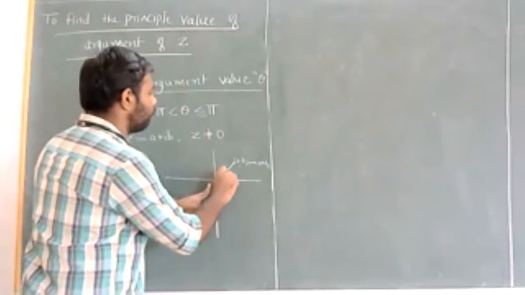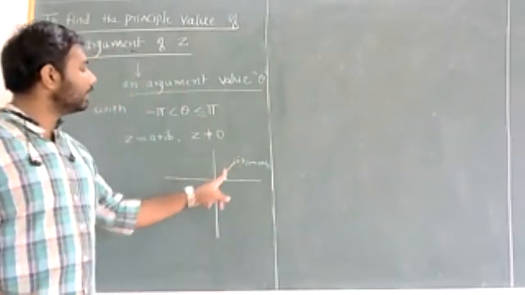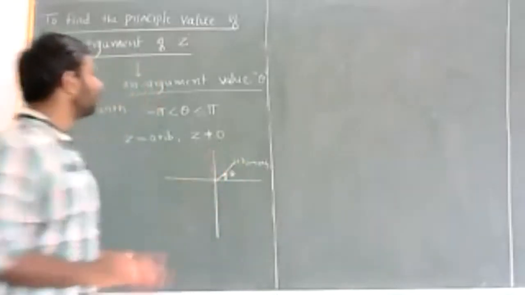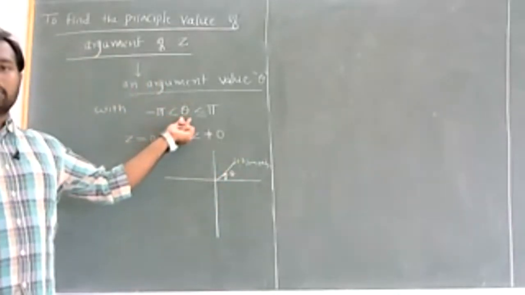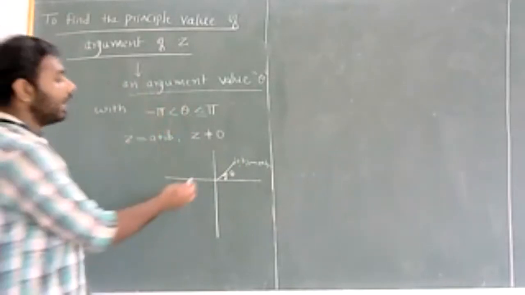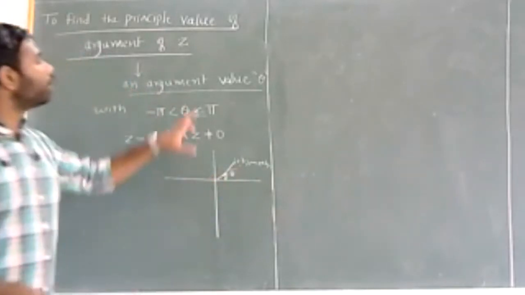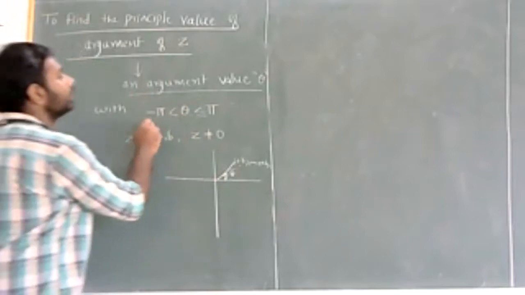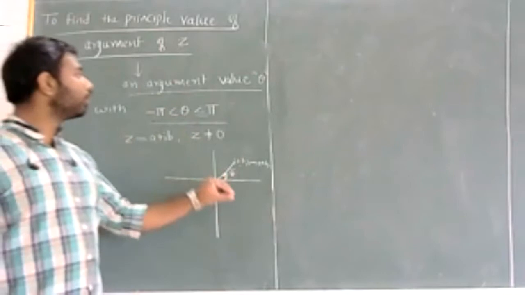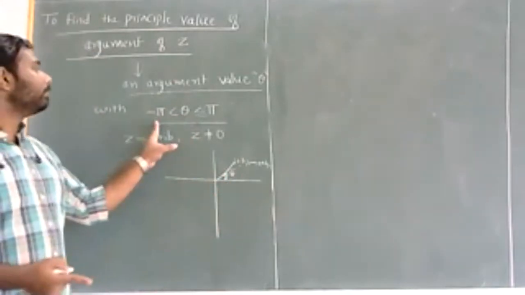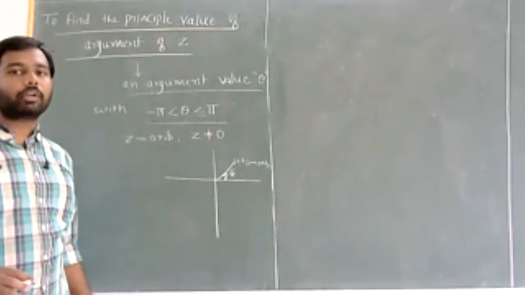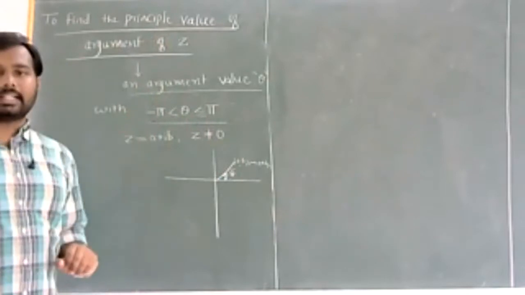The angle this line subtends with respect to the positive real axis is called the argument value. Now I have to find such an argument value, but it should be in between minus pi to pi. Any argument value lying in between minus pi to pi is called the principal value of argument of z.